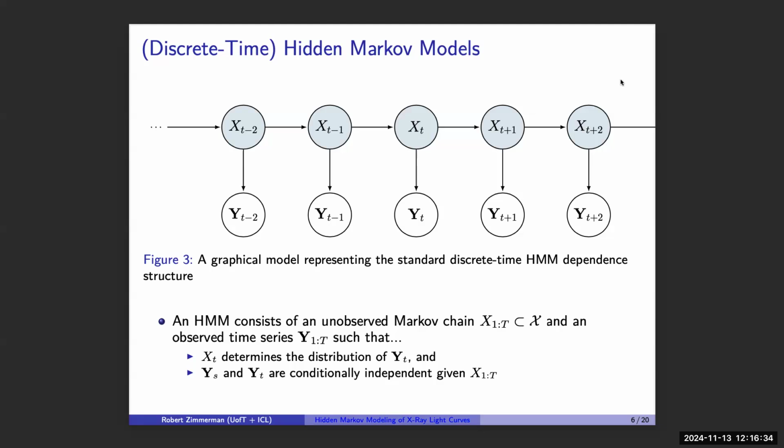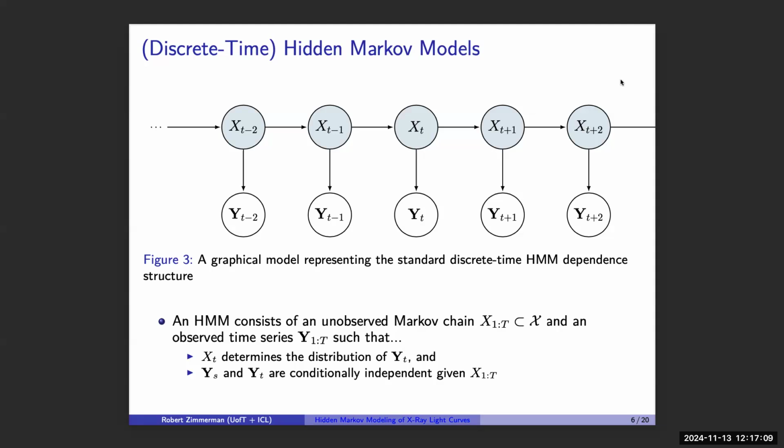Do I understand that correctly to mean that in a given state, for example the flaring state, over some long interval of time in which the system is in the flaring state, the data in that interval is modeled as uncorrelated, that there's no variability structure modeled in that interval? Is that what this last bullet means?